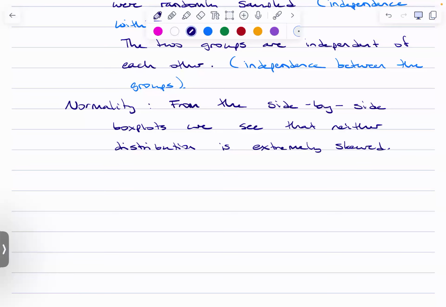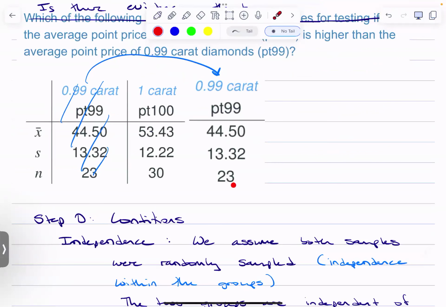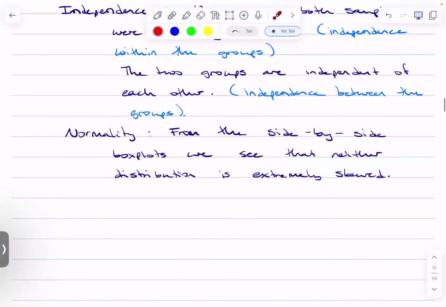And that's enough to satisfy that normality condition, even though one of our sample sizes is only 23, that's okay, right? Because we looked at the distribution and we saw, it's not extremely skewed. So a lot simpler conditions, but they are different from what we're used to, right, for the means.